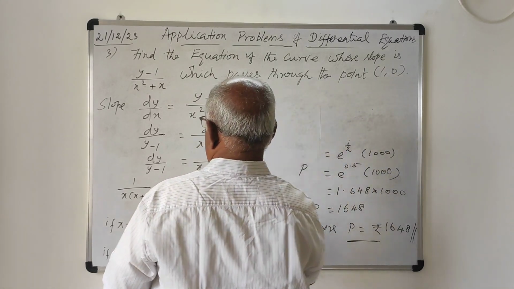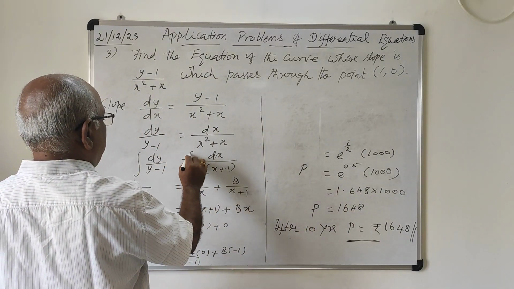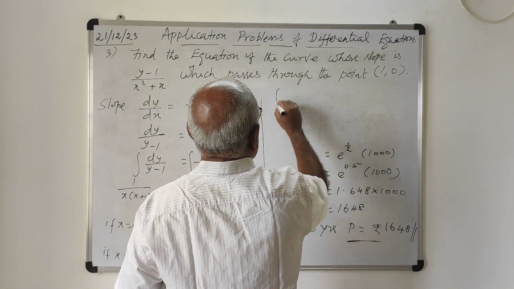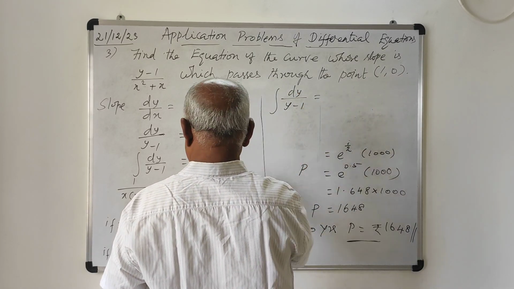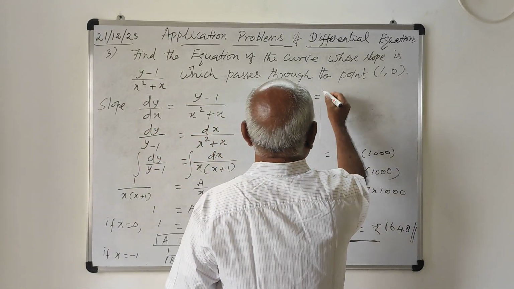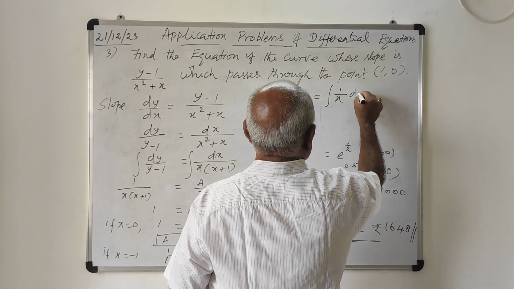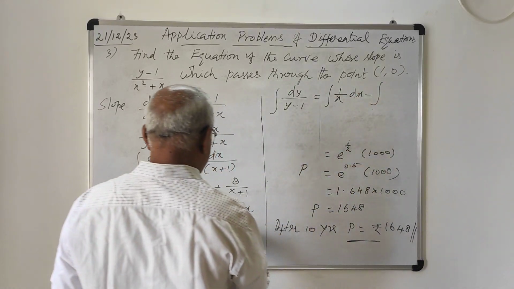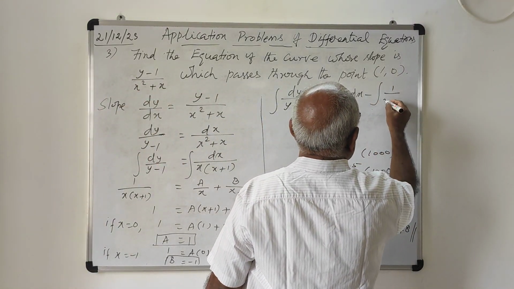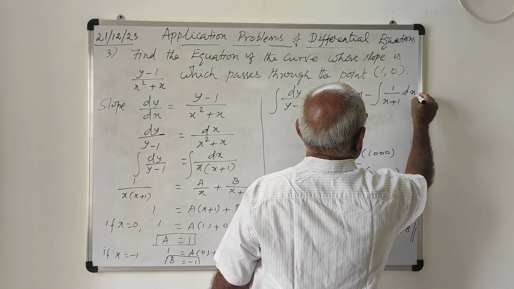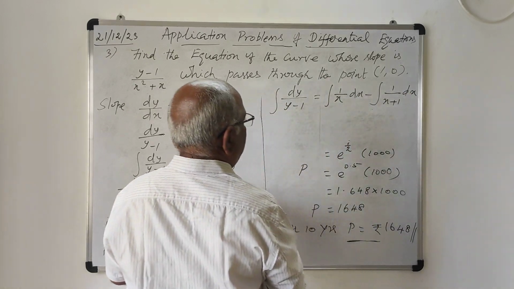Integrating both sides, the integral of dy by (y minus 1) equals the integral of a by x, a is 1, so 1 by x dx, minus b is minus 1, therefore minus outside, 1 by (x plus 1) dx.